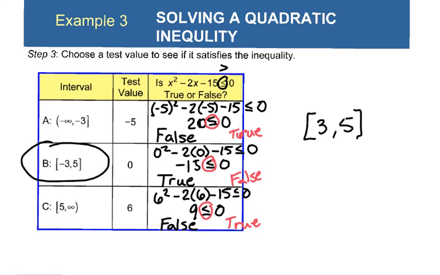So how we would write our solution to this inequality would end up being that disjointed form of interval notation. We'd have to use that union symbol. And that would be our solution if our inequality here was turned the other direction.